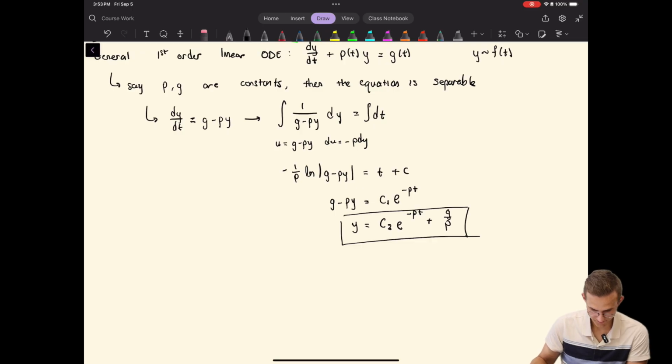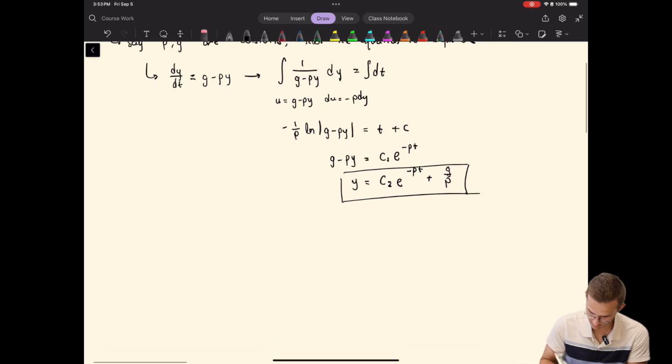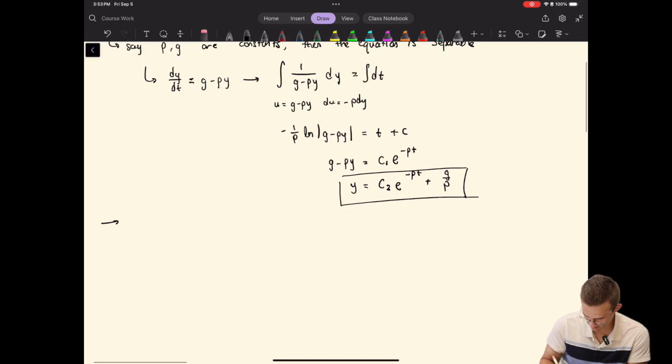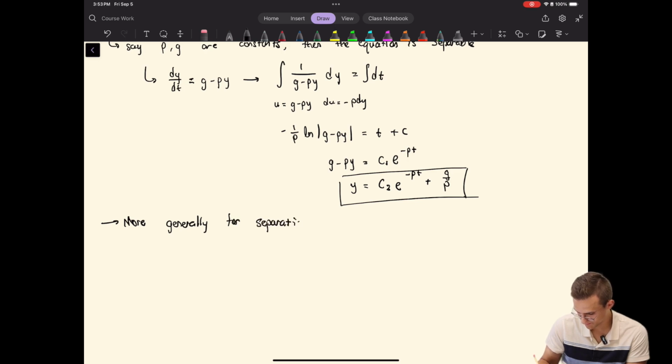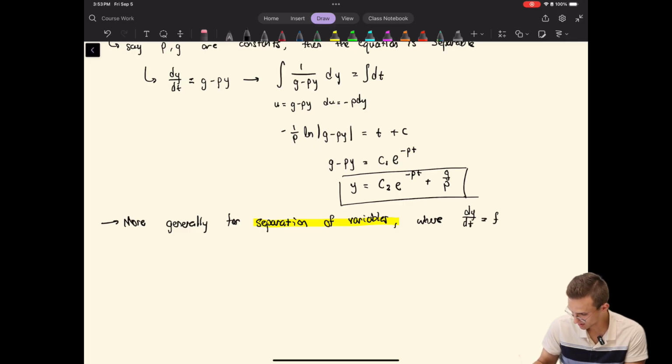Now, more generally, for separation of variables, which is what this method is called, and I'll highlight it really quickly just to make it clear that this is a solution method, your derivative dy/dt is some function of t and y.